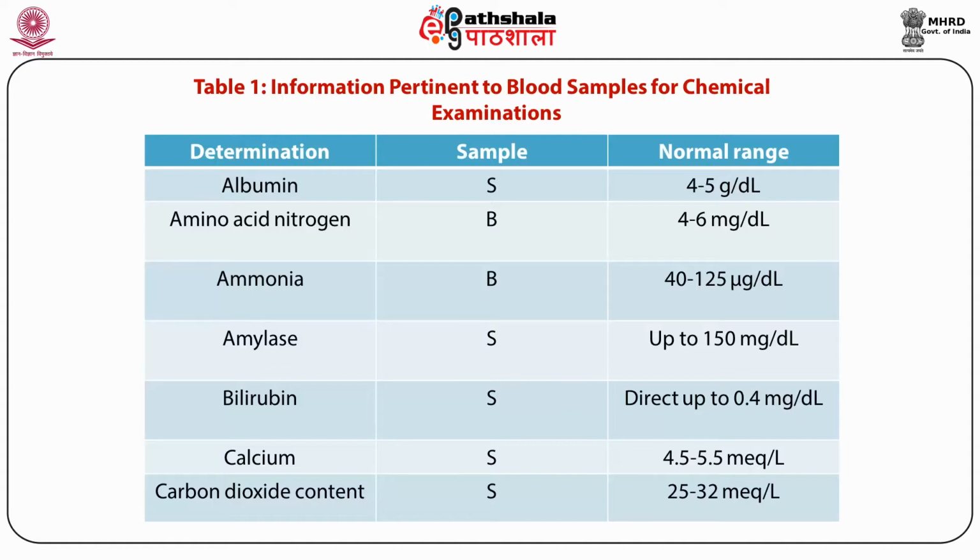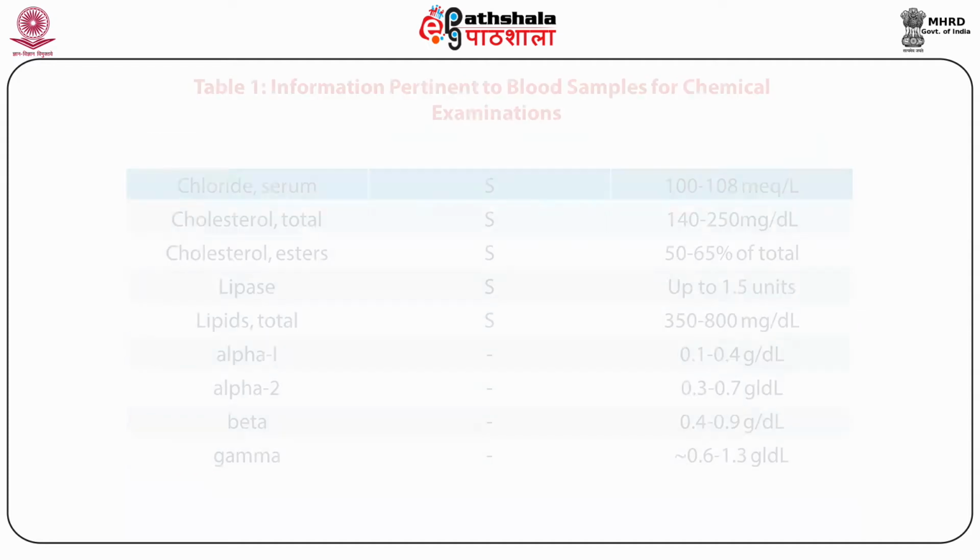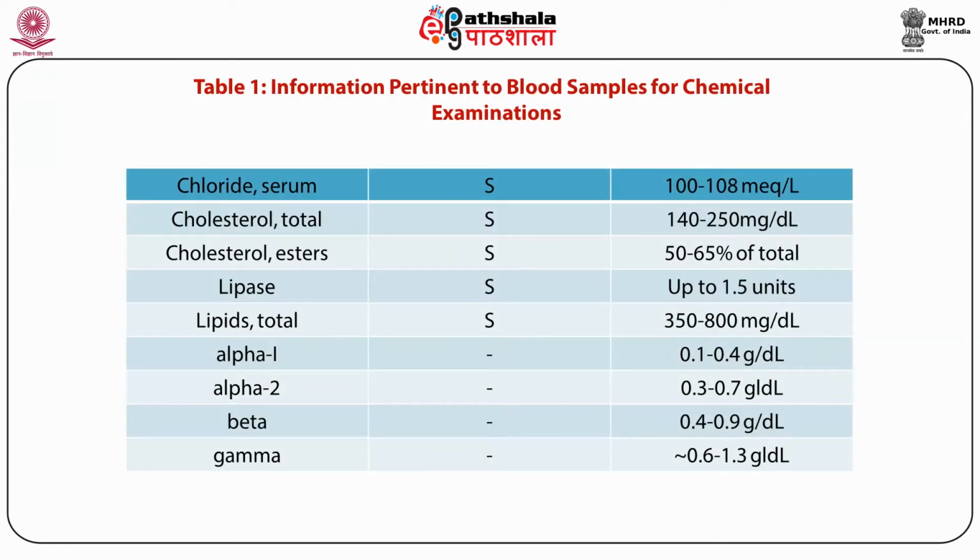Then bilirubin, calcium, and carbon dioxide content are also determined in serum in varying ranges which are mentioned in this table. The other parameters of blood constituents, including chloride, cholesterol total, cholesterol ester, lipase, and lipids total, are all determined in serum with their respective normal ranges, and alpha 1, 2, beta, gamma are also part of lipids.